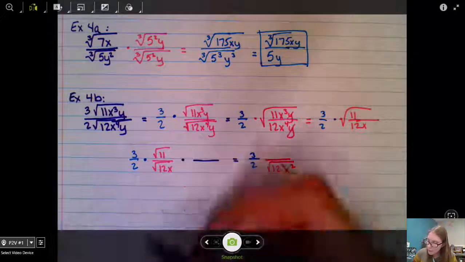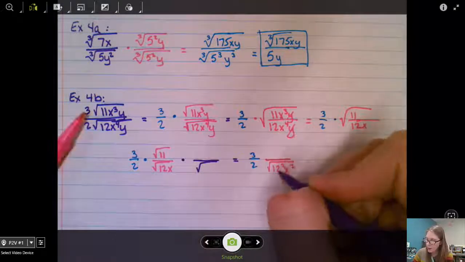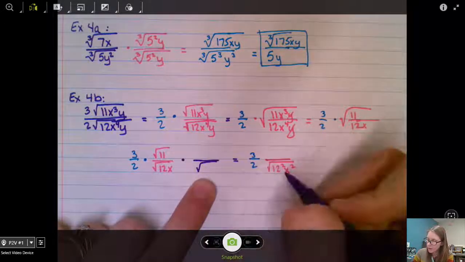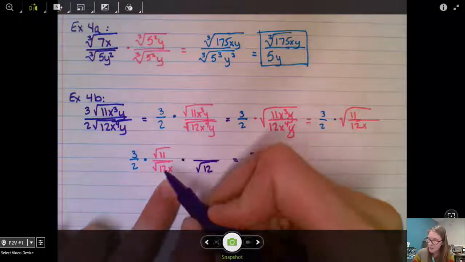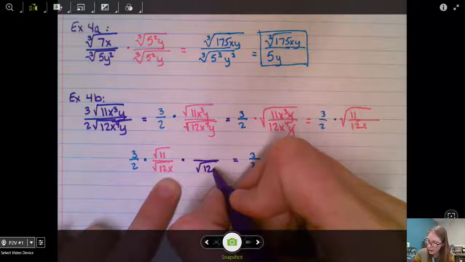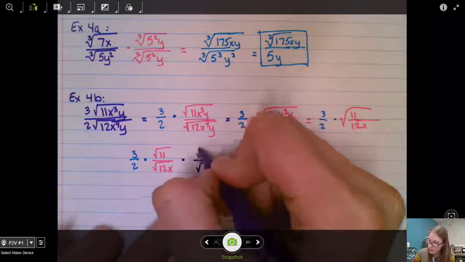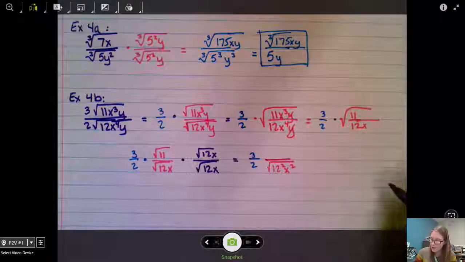So I really need to multiply by the square root of 12. So I have a 12, I need 12 squared, I need one more 12. I have an x, I need x squared, I need another. So I'm multiplying by the square root of 12x here.